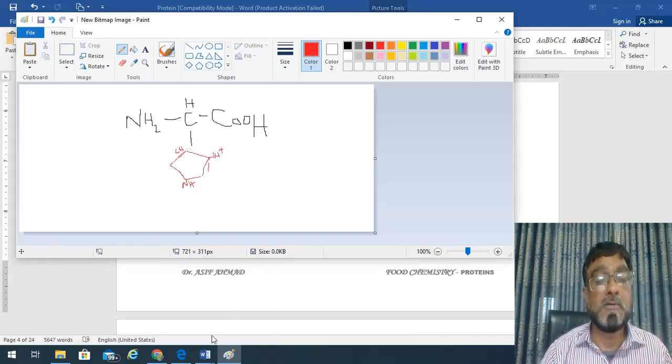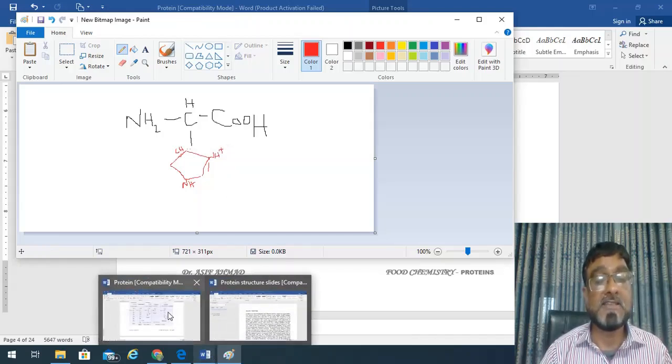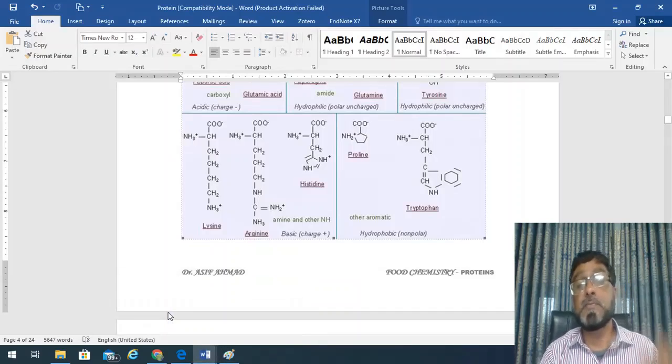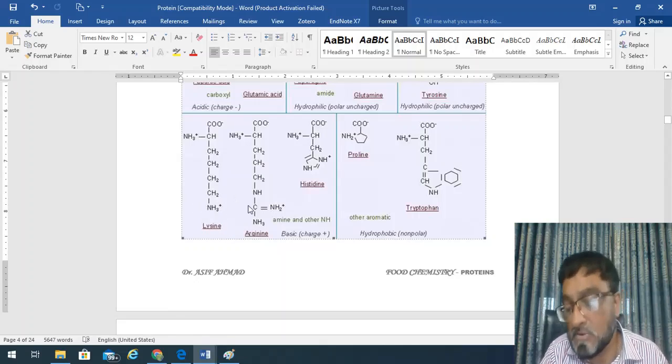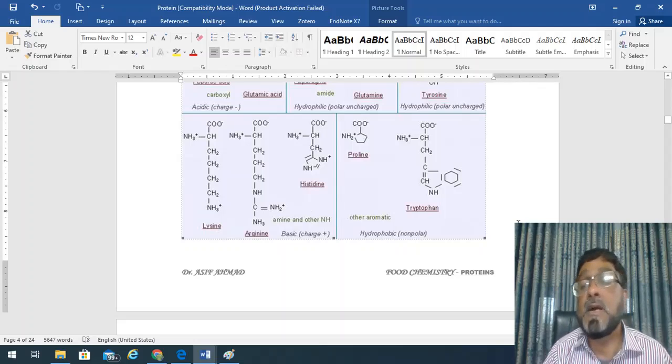So this is the example for histidine. Then, as you know, that is the basic amino acid, and this is the reason for this some extra amino group. That is the reason for the alkalinity or the basicity.